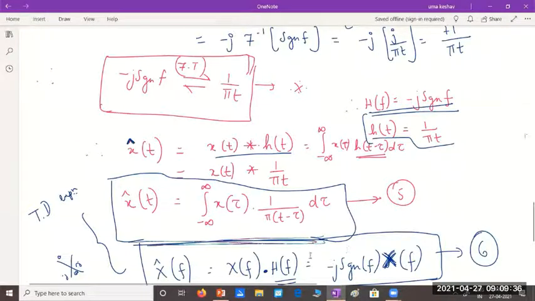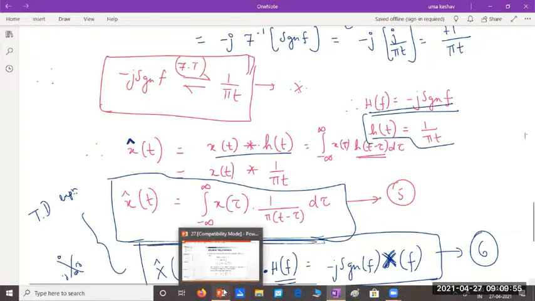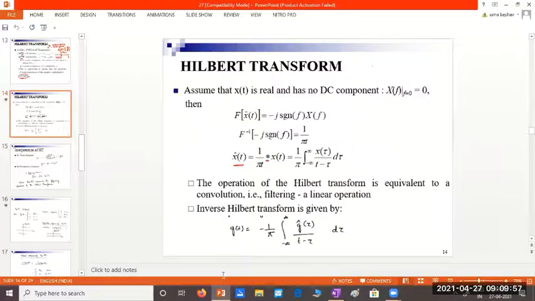In the time domain, the Hilbert transform is defined as x of t convolved with 1 by pi t, and in the frequency domain, x cap of f is minus j signum of f, x of f. Okay, remember those two equations.